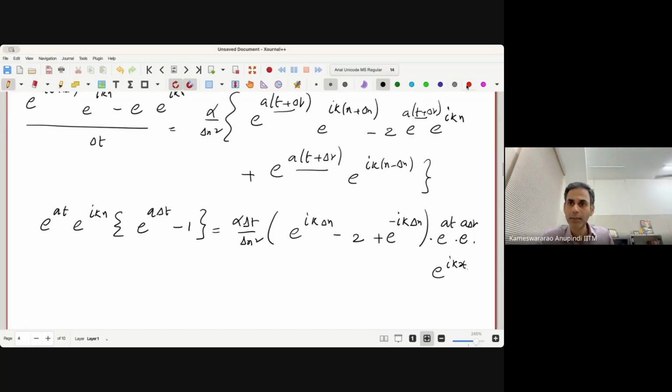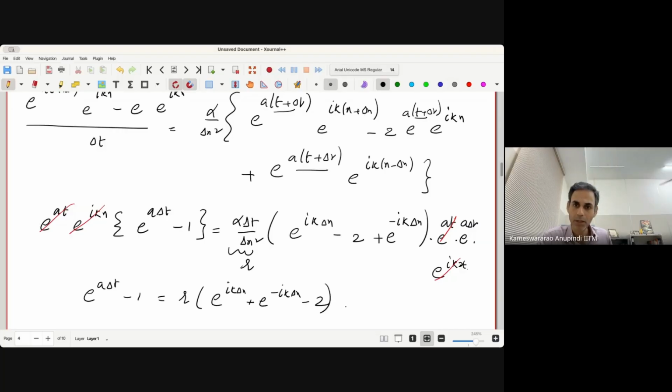Okay, then e to the power at, e to the power ikx gets cancelled on both sides. And what we have is e to the power a delta t minus 1 equals, let's call this factor r, just like before, r times e to the power ik delta x plus e to the power minus ik delta x minus 2 times e to the power a delta t.